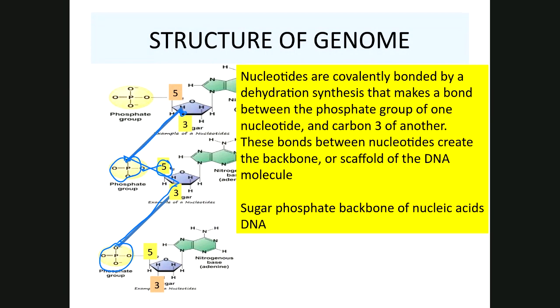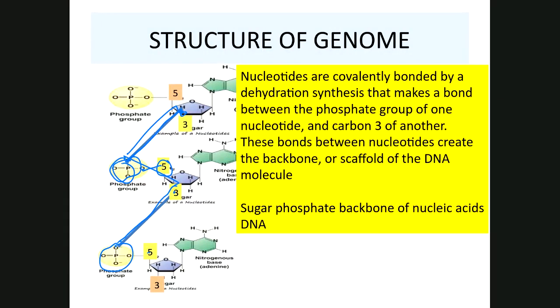So essentially we have carbon 5, to which the phosphate group is attached, to carbon 3, then carbon 5, to which the phosphate group is attached, to carbon 3. So this is what we call the phosphate sugar backbone of the molecule.